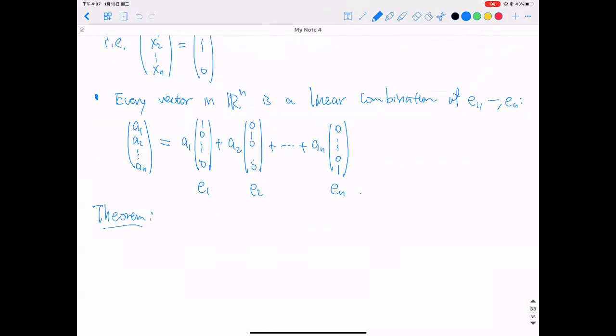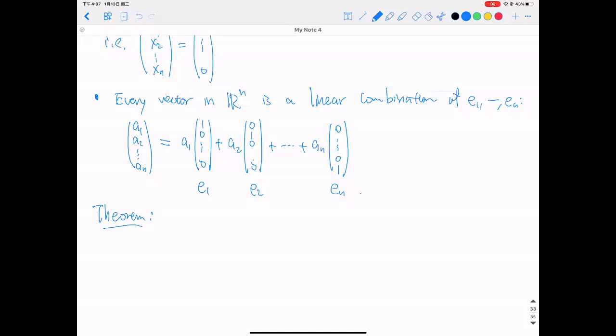We've certainly seen that the way to decide whether a collection of vectors is linearly independent or not is to consider a certain homogeneous system associated to them and decide whether they have infinitely many solutions or only the trivial solution.